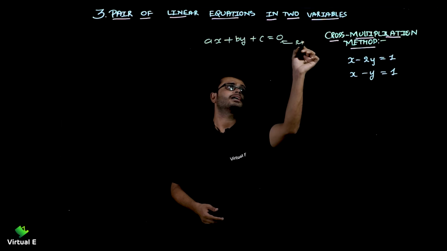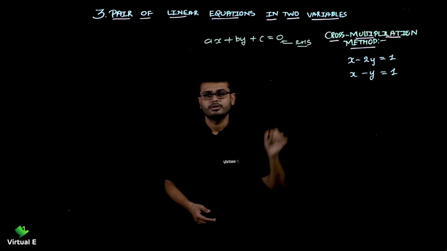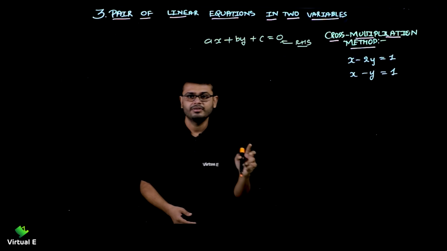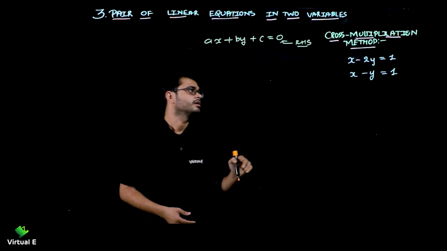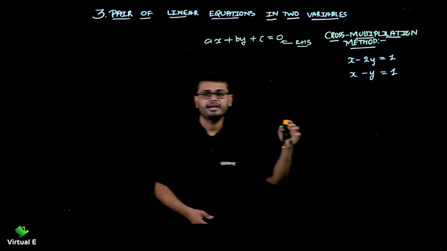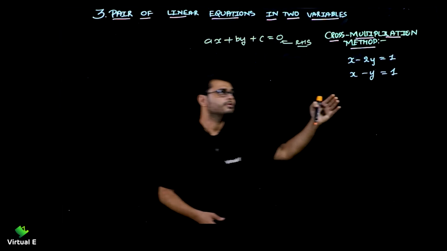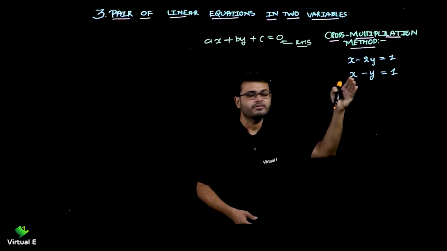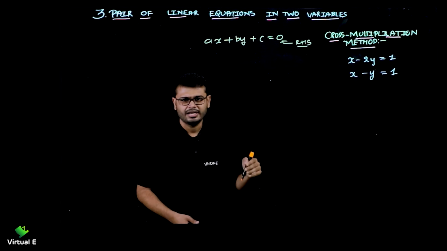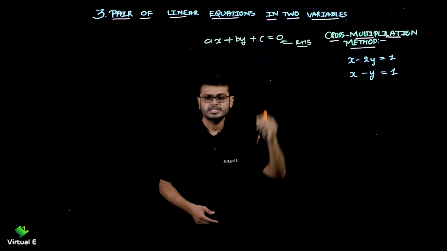You can see that RHS is 0. So this is the standard form of equation when you have two variables. We are having same situation, x and y, two variables, and we are going to convert both of them into standard form by shifting this one over LHS side and getting RHS 0.